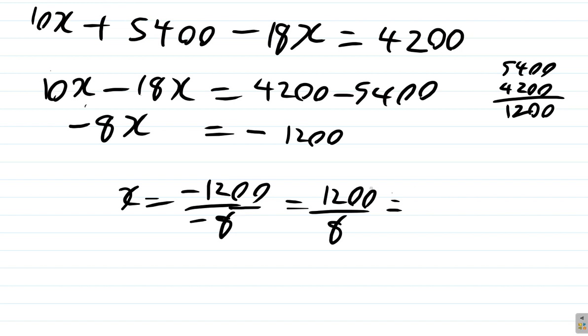If we cancel down with 4, 4 into 12 goes 3 times, 4 into 8 goes 2. 300 over 2 is 150.